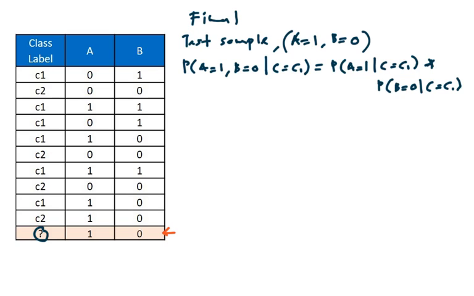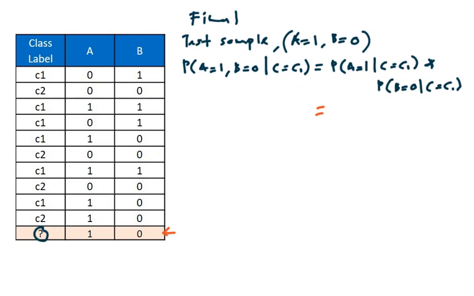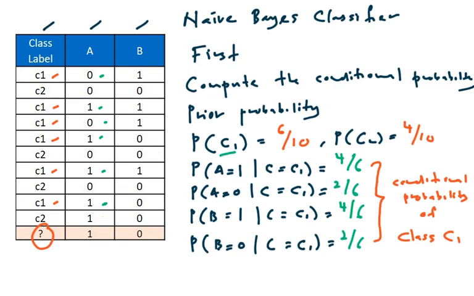So what we get here is we can actually go back to our first step. We are looking for A equals 1 and C equals C1.